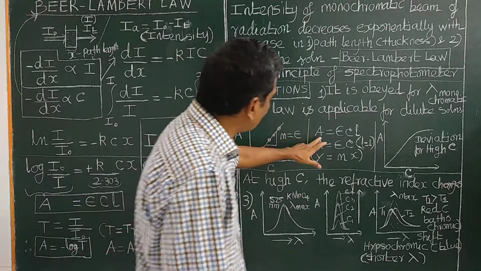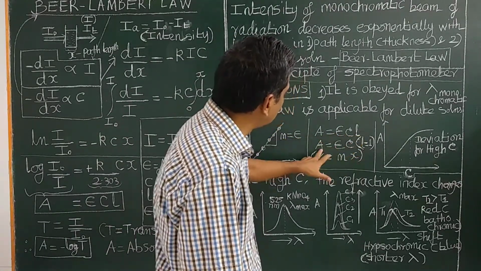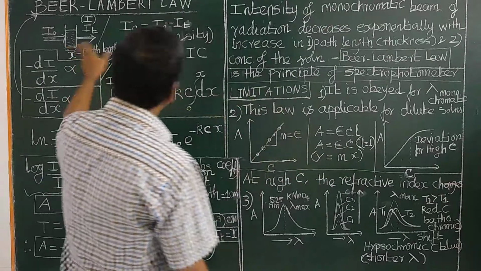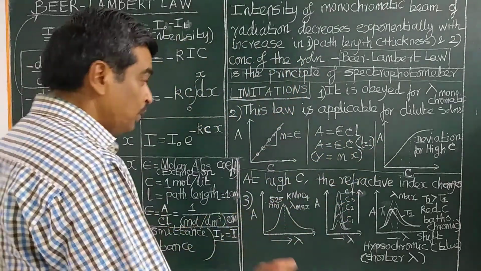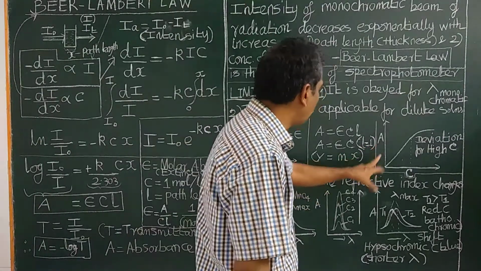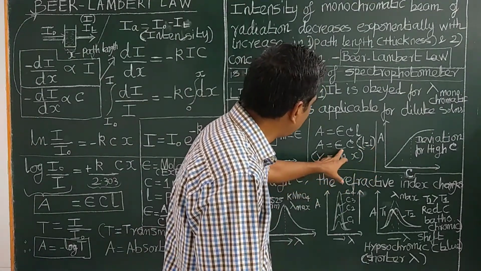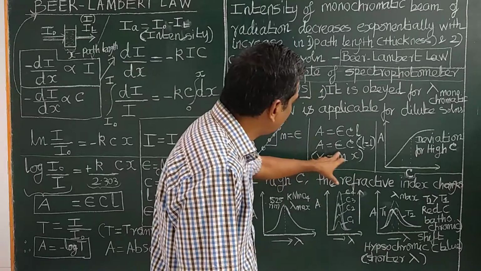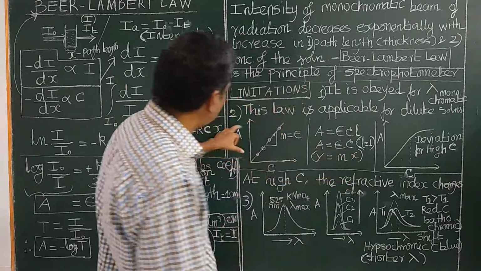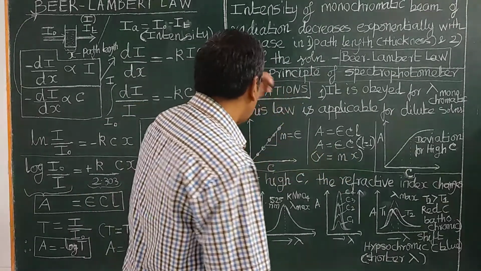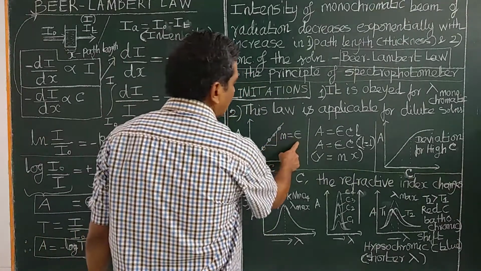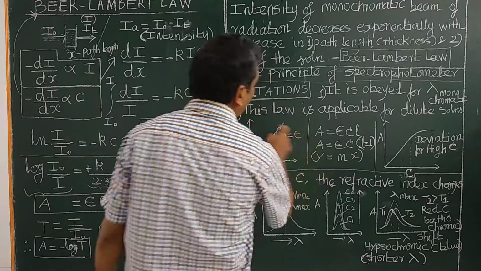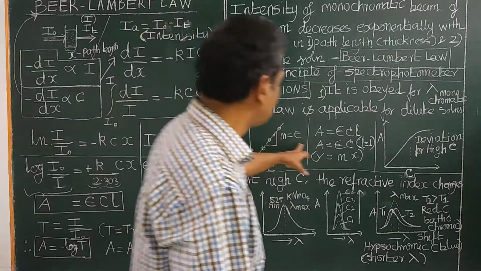So absorbance equal to epsilon Cl, where the path length L is constant for the UV cell, L equal to 1 centimeter, therefore A equal to epsilon C, like y equal to mx. Therefore, a straight line is obtained passing through the origin, with the slope called molar absorption coefficient, molar extinction coefficient.